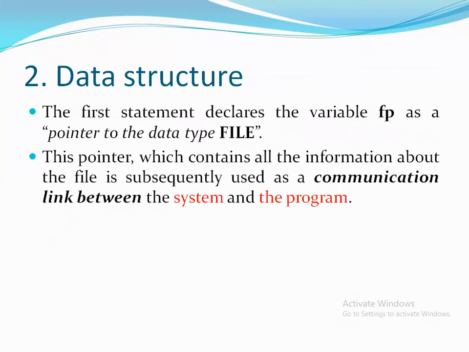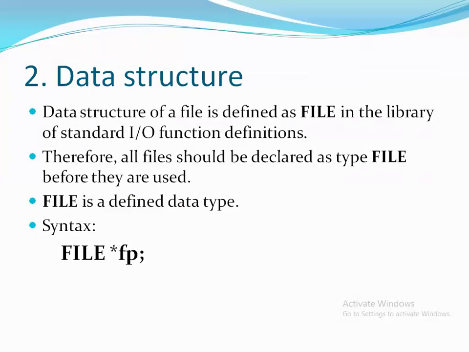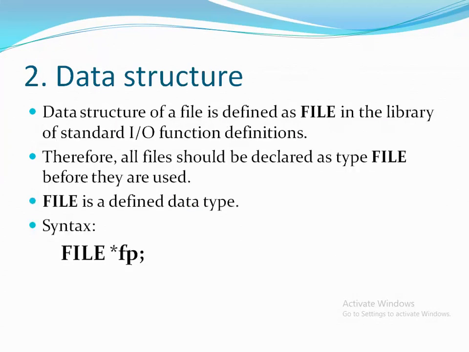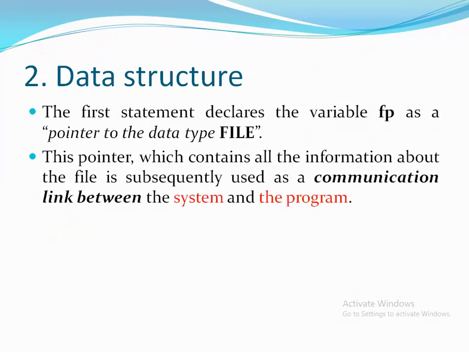Okay, next, some points. Let us discuss FILE *fp. The first statement declares the variable fp as a file pointer to the data type FILE. Already I explained here: fp is the file pointer.